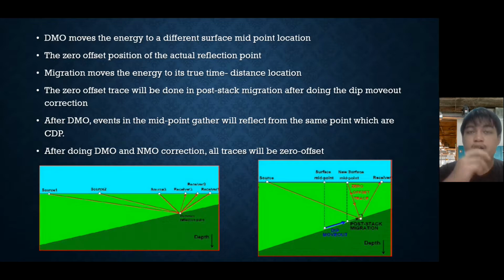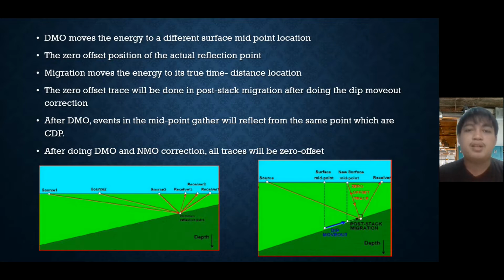So before we interpret or analyze the content, we must do migration or post-stack migration. The zero offset trace will be done in a post-stack migration after doing the dip move-out correction. So there are some processes that we must do, which is the NMO, then after that DMO, and after that the zero offset post-stack migration.